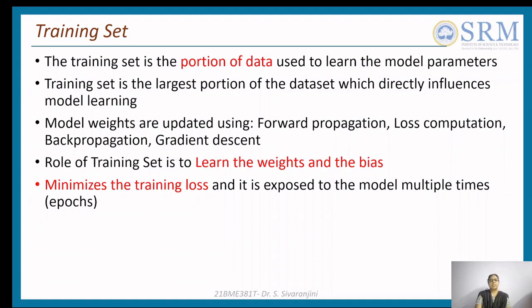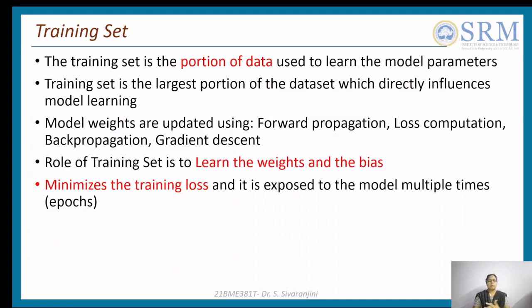The model weights are updated using forward propagation and the loss computation, the backward propagation and the gradient descent. This is how a network is trained, right from the input to the output, and how the prediction is done and validated along with the target label.